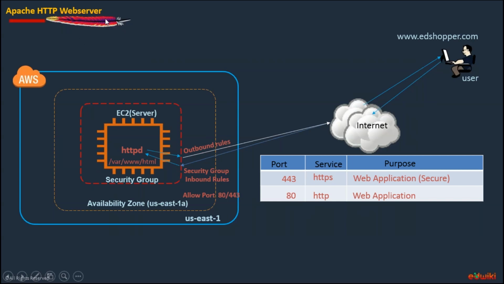This application is responsible for listening to port number 80 by default and giving the response back to the requester, by taking the default code and data available in the default document root folder called /var/www/html. All you need to do is install this package, make sure the HTTPD service is up and running, and make sure the HTML based website code and data is kept in the default location. That's it. Then the website will start working.